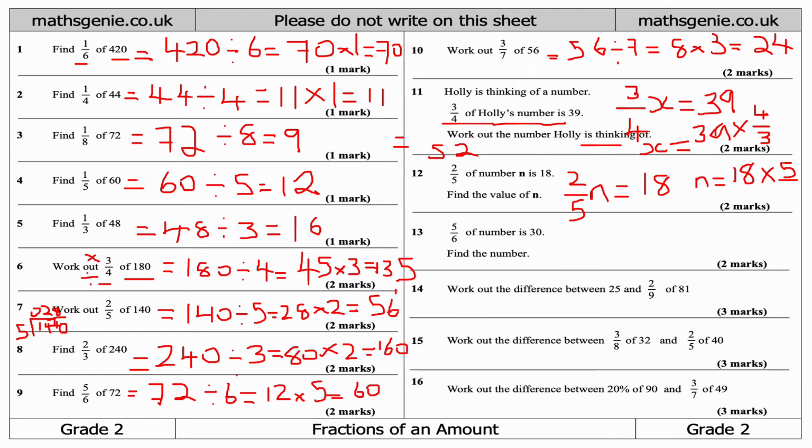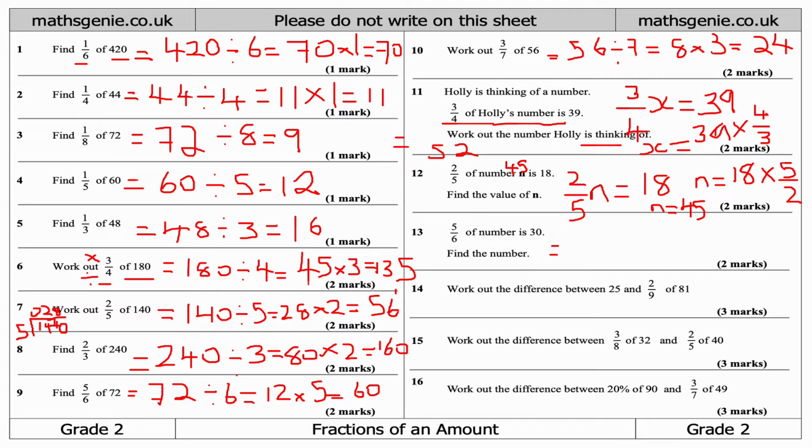So I do 18 divided by 2, which is 9, times by 5, which is 45. So my answer to that is 45. 2/5 of 45 is indeed 18. 45 divided by 5 is 9, times by 2 is equal to 18.